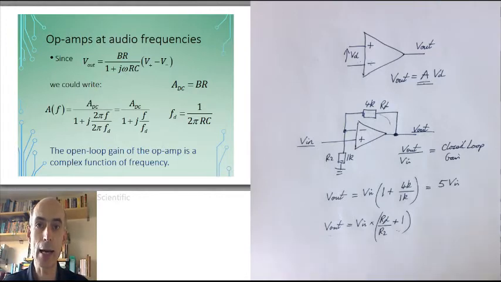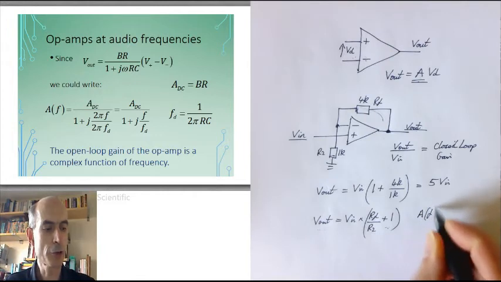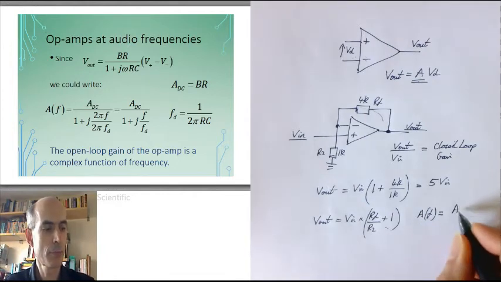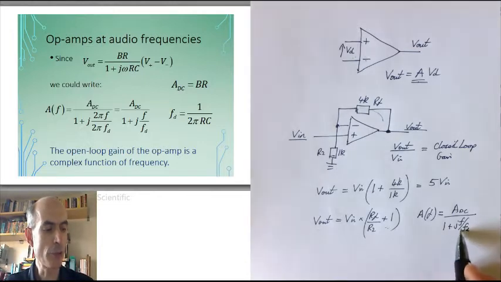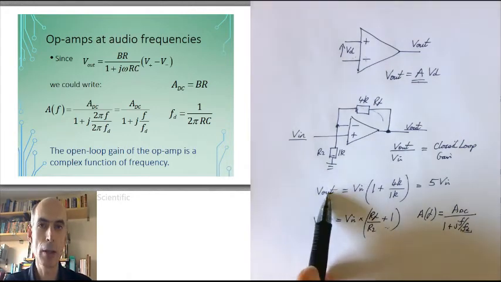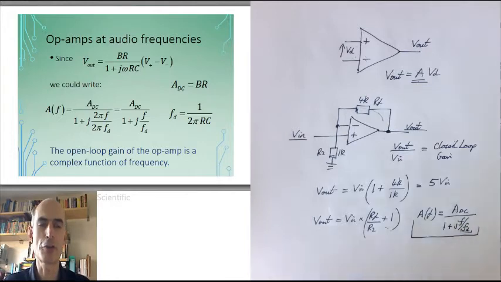To determine exactly how, we have to use our new formula for the open loop gain as a function of frequency, which is the open loop gain at DC divided by 1 plus jf over fD. I've called it FD in this slide rather than FB, but it's a characteristic frequency of the op-amp itself. And we'll rederive this formula, not assuming that the open loop gain is practically infinite, but assuming that the open loop gain is given by this expression. We'll be doing that in the next video.